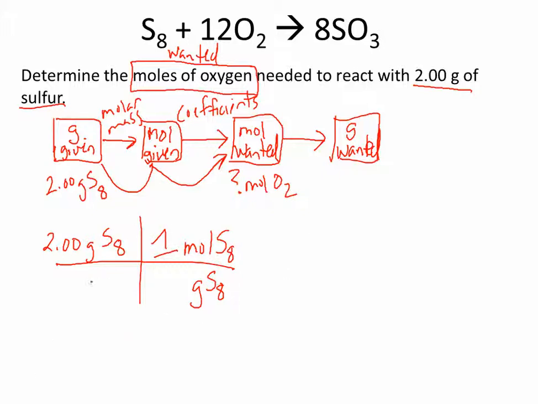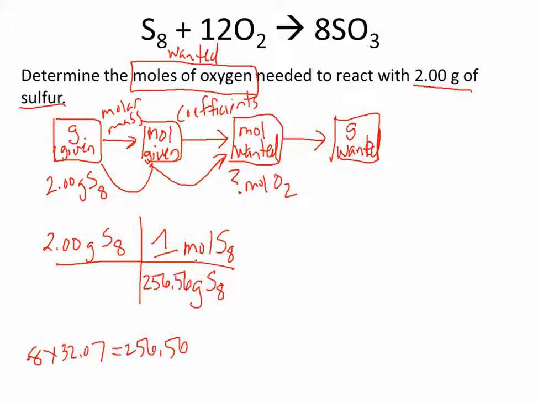So we have 8 times 32.07. 8 times 3 is 240, so it's somewhere around 256. Let me put it into my calculator here: 256.56. So that's our molar mass.